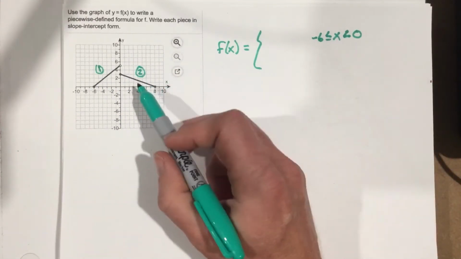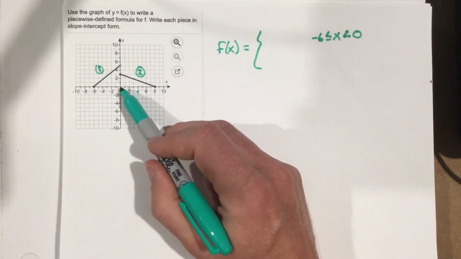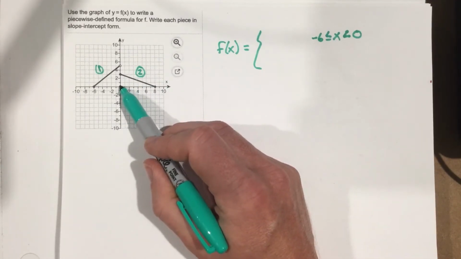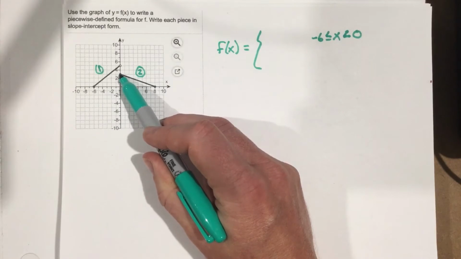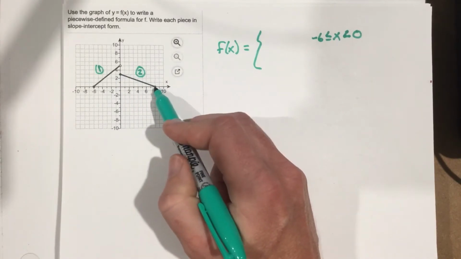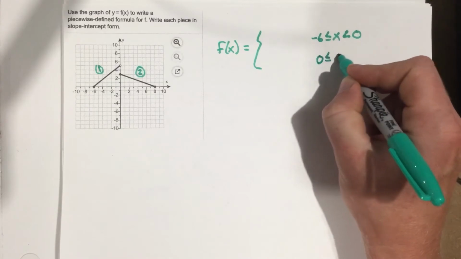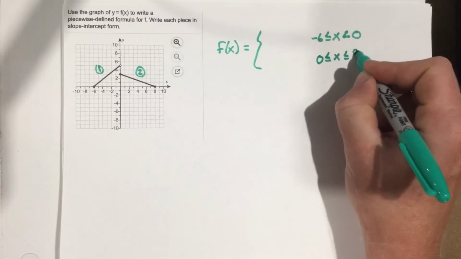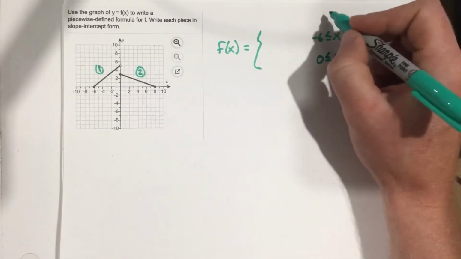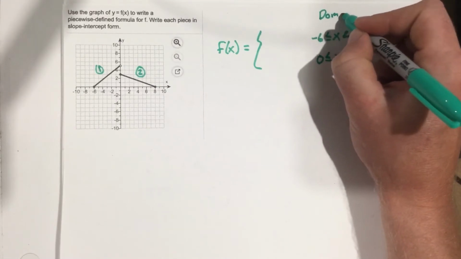Now the second function, it runs from 0, and it is equal for the second one. So it runs from 0 all the way to 8, and it's equal. So this is going to run from 0 less than or equal to x less than or equal to 8. That's the domains. And I actually will write those up there, that these are the domains.